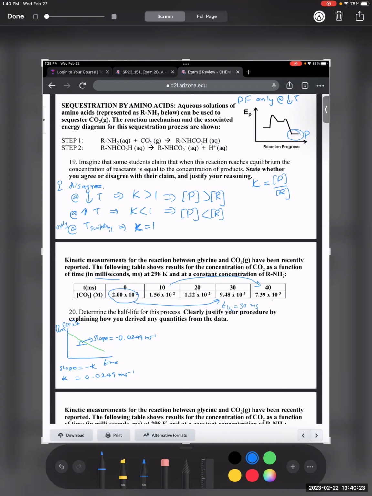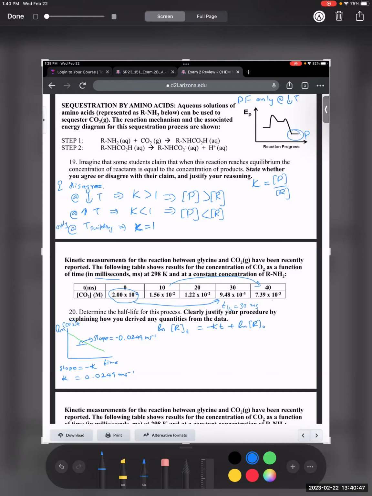And then we're talking about the half-life. So really quickly, let's do the half-life. For first-order reactions, natural log of the concentration at time t is equal to minus kt plus natural log of the initial concentration.